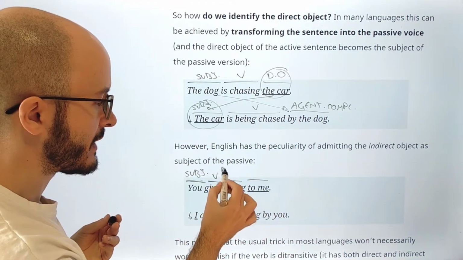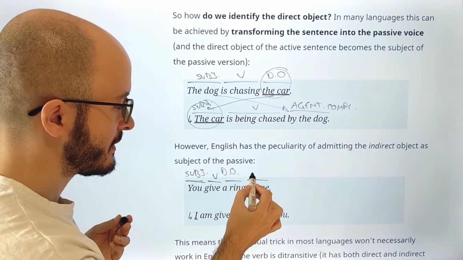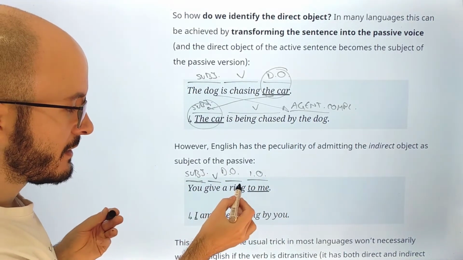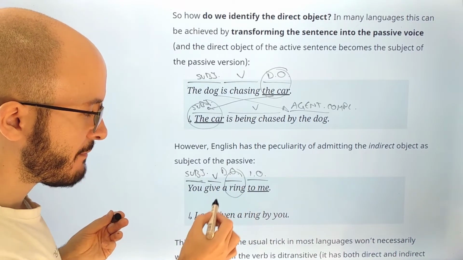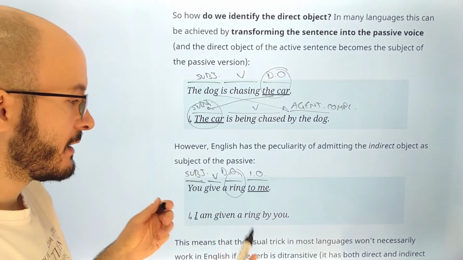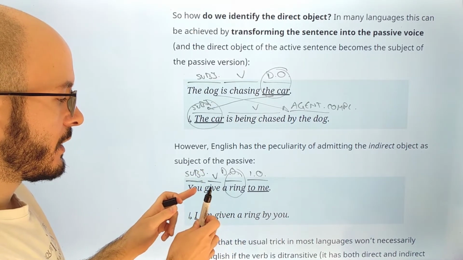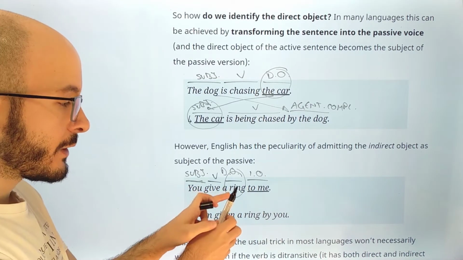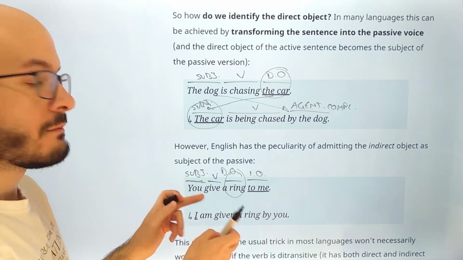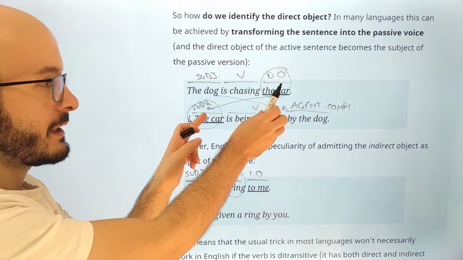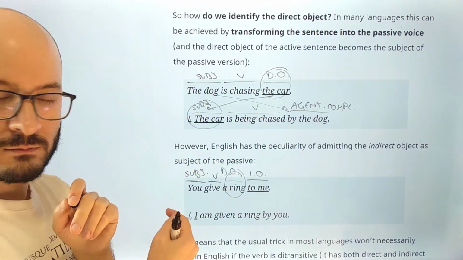Specifically, it would be direct object, and this is indirect object. Now, we said this should become the subject of the passive. And we could say, a ring was given to me by you. So a ring was given to me. Okay, and it actually works, no? Like here, a ring was given.